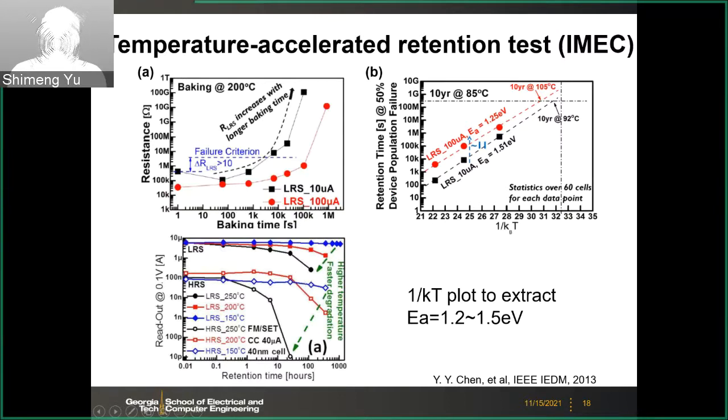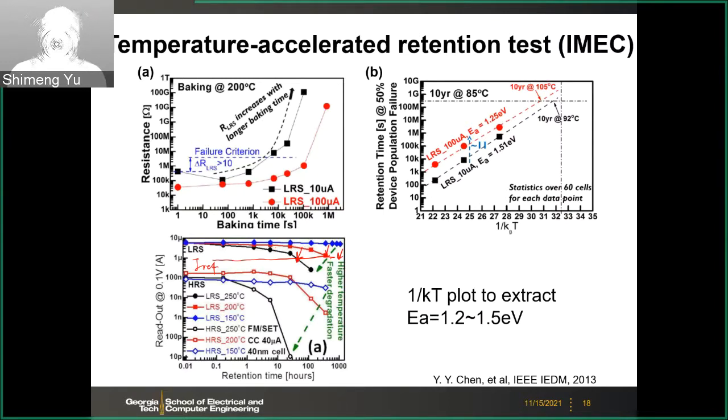The general trend is that both low and high resistance state currents decrease, or in other words, resistance increases. So here you need to define the reference current, in this case, IREF. The high resistance state becomes even lower current, so it's not a big problem. The problem is when the low resistance state current decreases across this reference, then you see a failure, and you record the time.